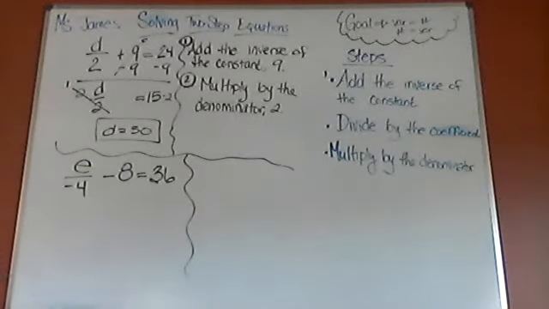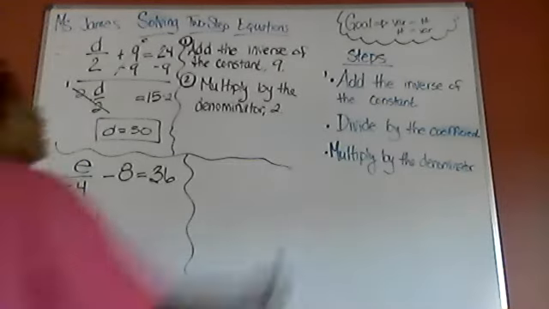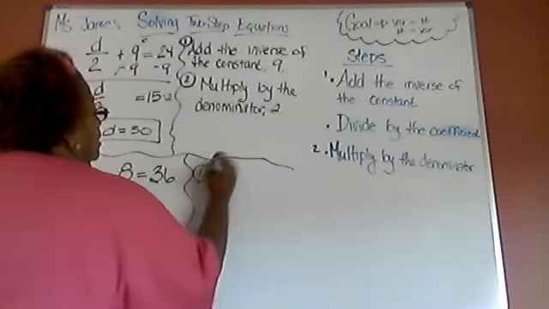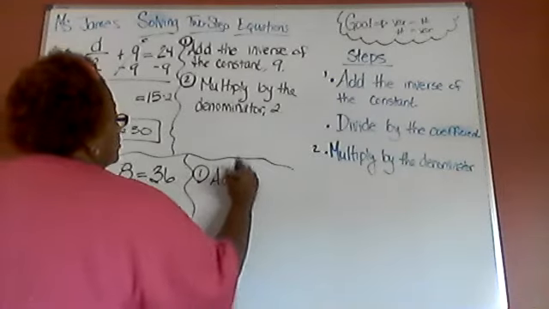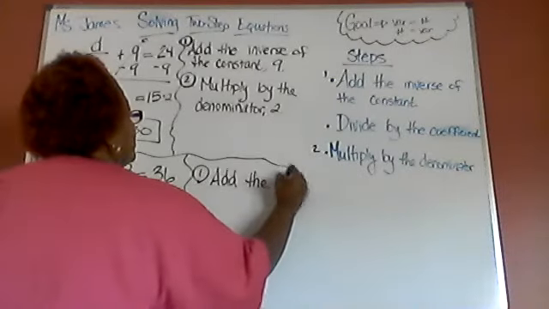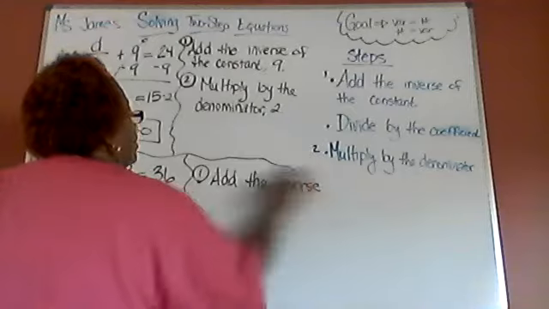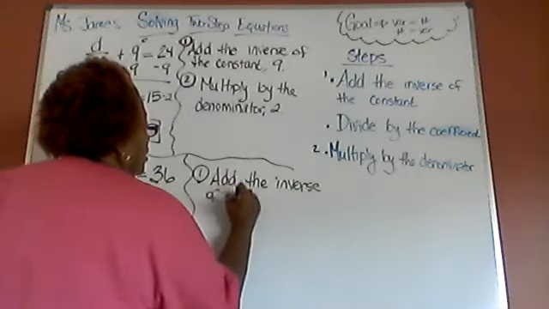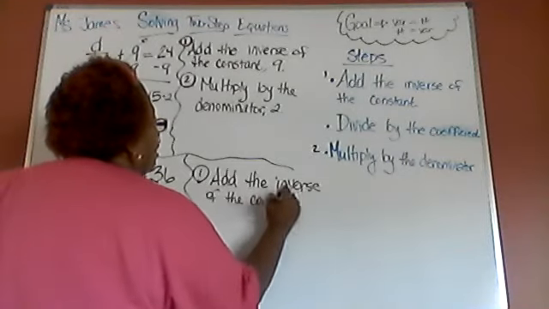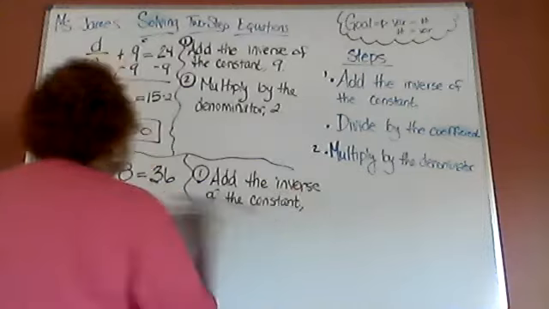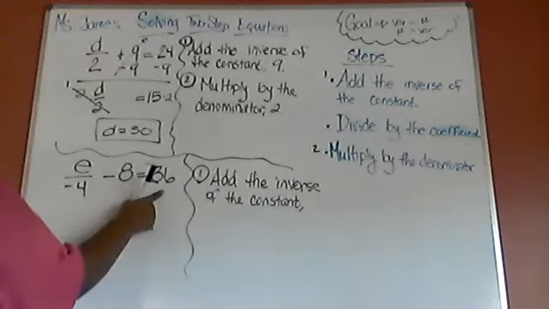All right. So in a two-step equation, the first step is add the inverse of the constant. So what is the constant here? The constant in this situation is negative 8 and 36.